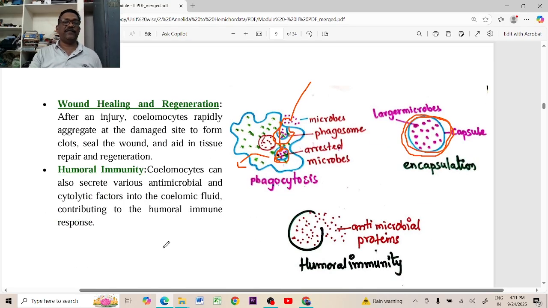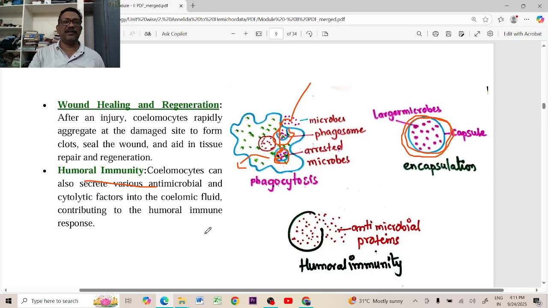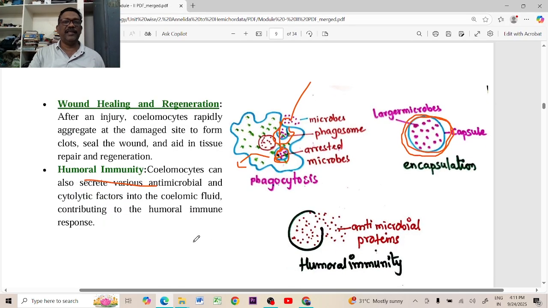And another type of immunity is humoral immunity. In this humoral immunity, they can produce some antimicrobial proteins from the coelomocytes. They can kill the microorganisms. That is called humoral immunity. And wound healing and regeneration.